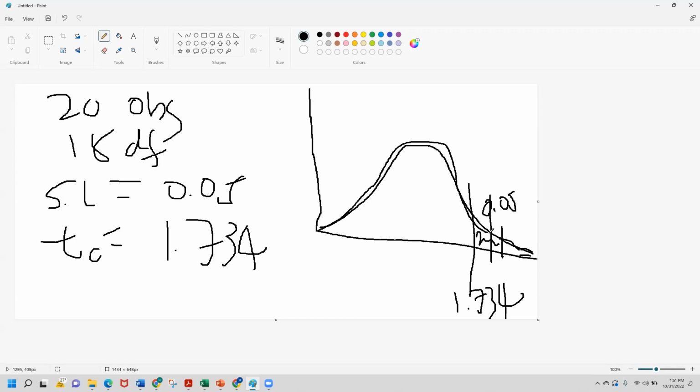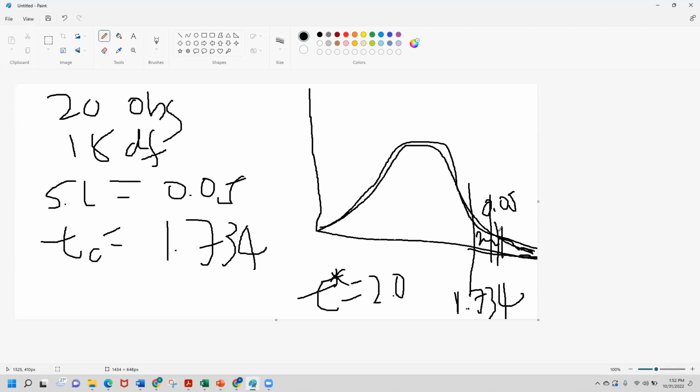So you know that smaller and smaller areas are added to the right of 1.734. If you have a computed t in your experiment that is, for example, 2.0, you know that 2.0 is to the right of 1.734, maybe here.